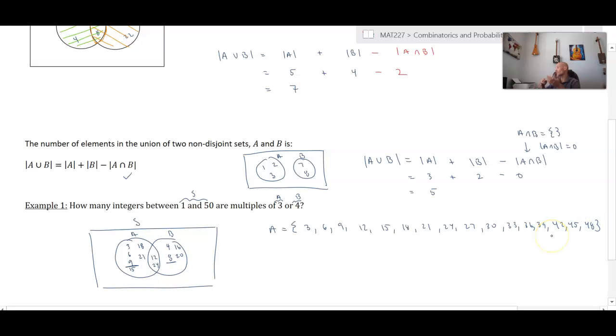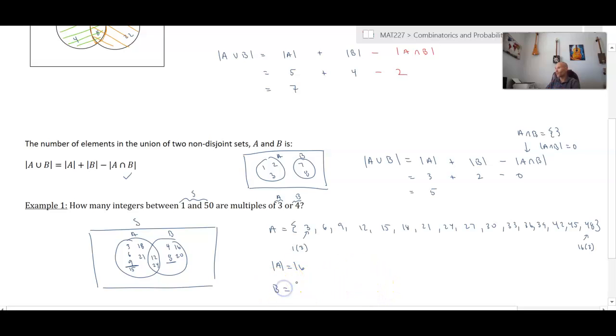Now I should be able to count 16 elements because 48 is 16 times 3. This 3 is 1 times 3. And so whatever the largest multiplier that I can place on 3 is, that's how many elements the set has. We start counting 1 all the way up to 16. So the size of A is 16.